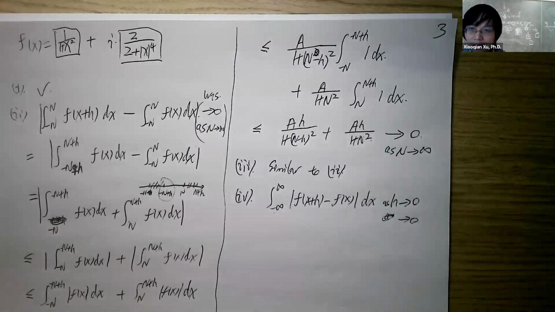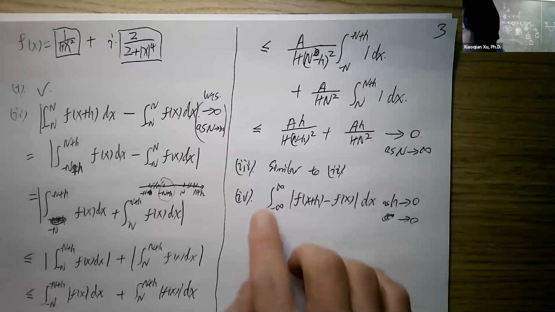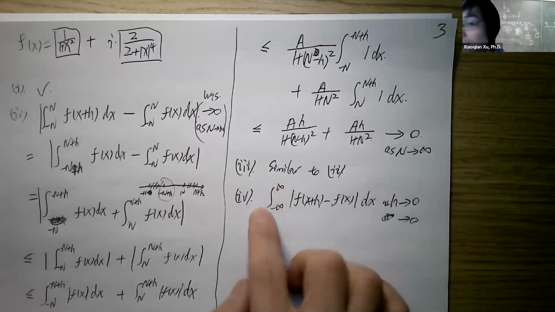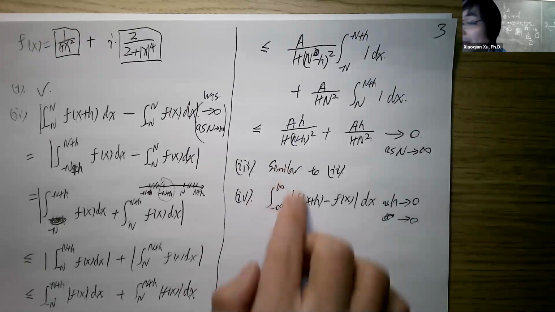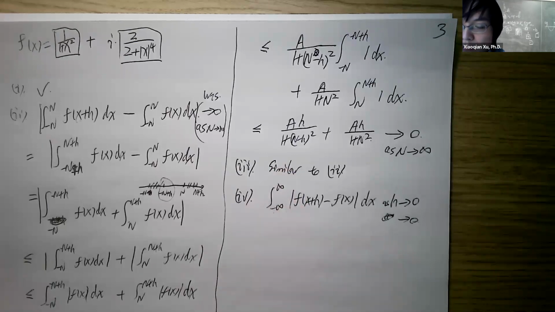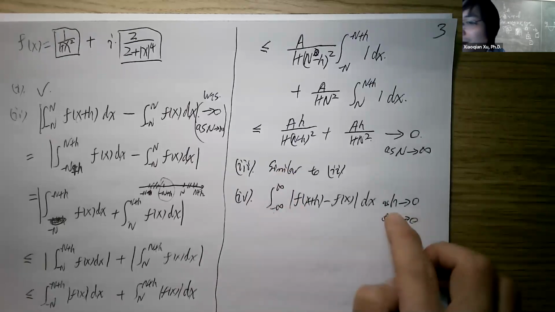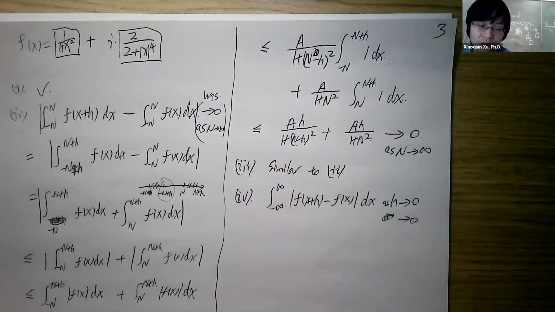Here we must be careful about the argument, especially about the different order of taking the limit. You first take the limit as the improper integral, okay? Then you take the limit as h tends to 0.